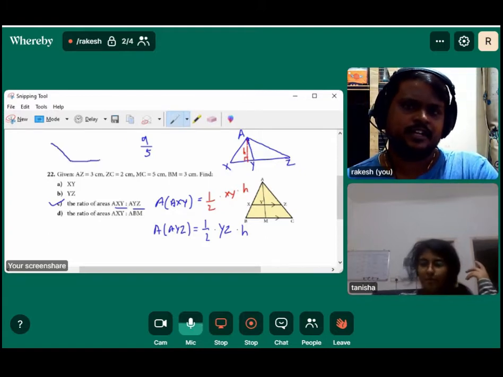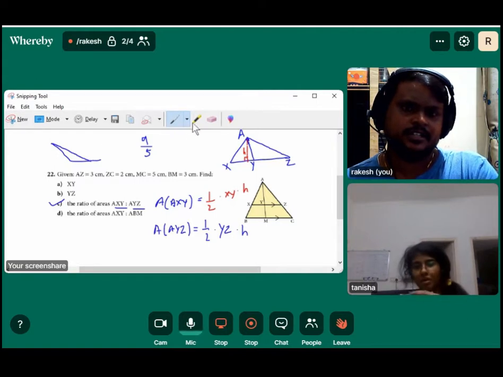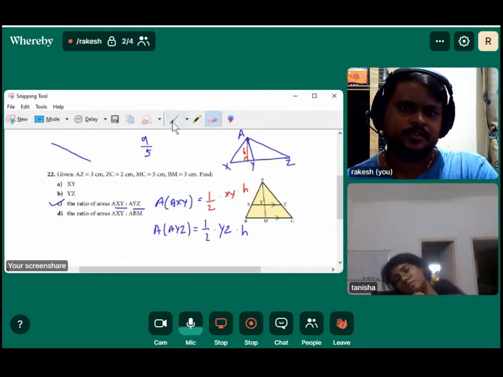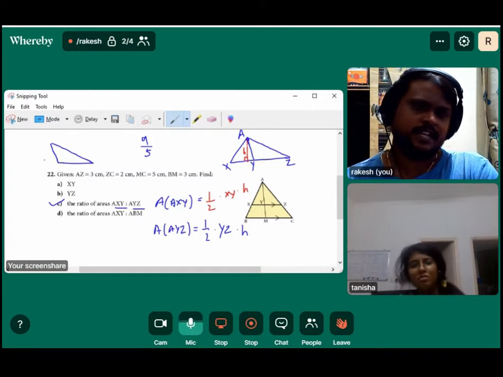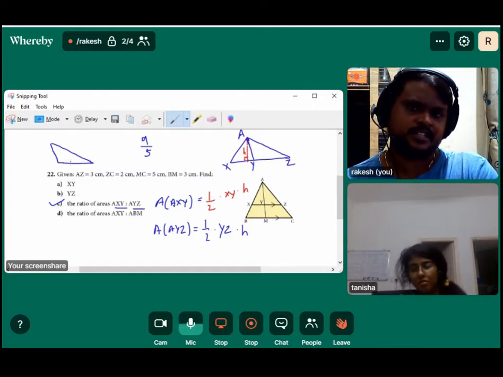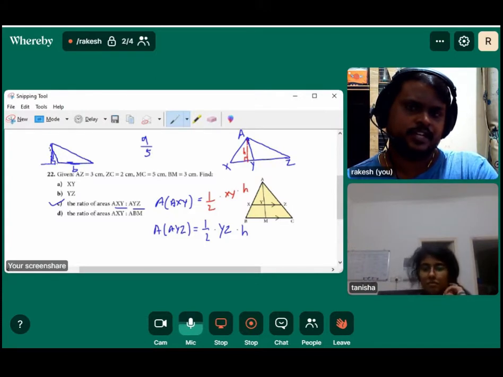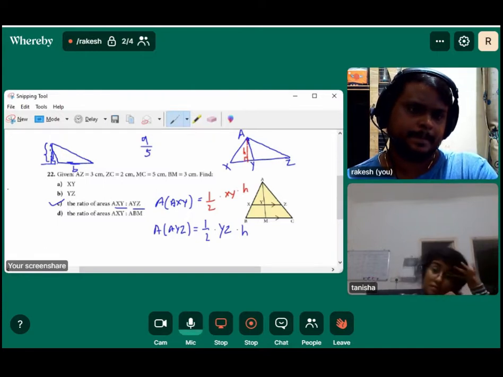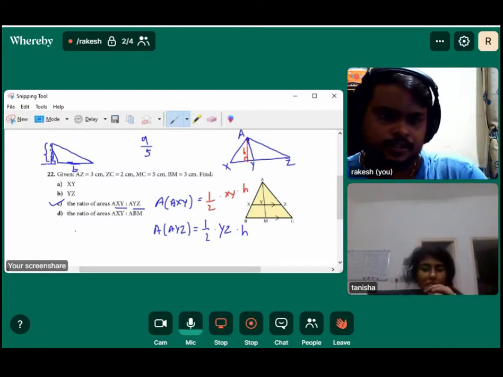If you have to find the area of such an obtuse angle triangle, like this, how would you find the area? The base is given, you need height, so we drop a vertical line to the base. This is height, isn't it? Do you know this concept?